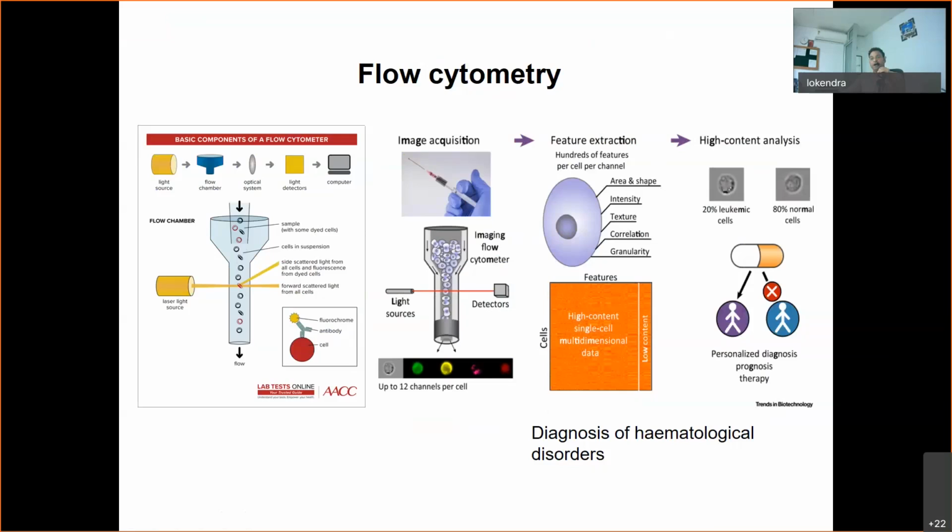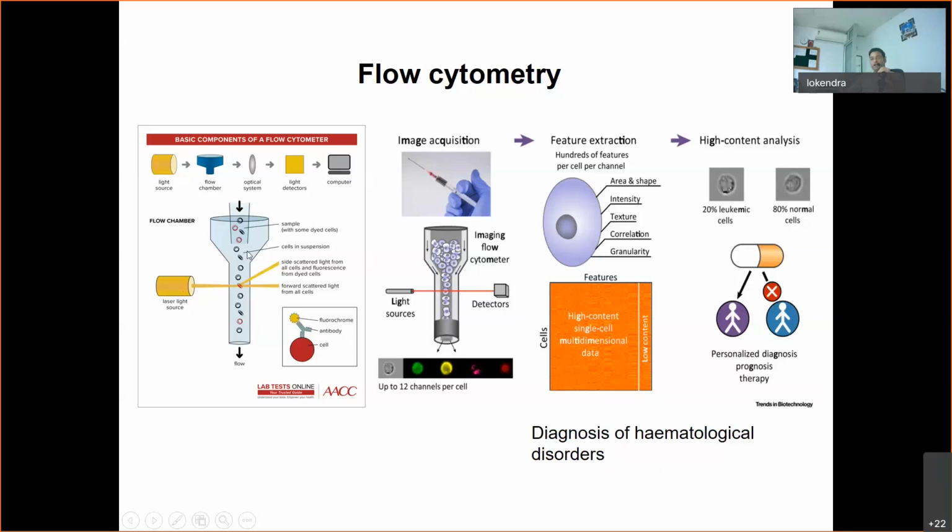Those cells can be marked with certain antibodies, either CD receptors or various other types of receptors. Then based on the fluorescence of these fluorochromes, it can be identified in a given sample, even a tissue sample or a cell suspension, how many cells are expressing that particular type of receptor, because that receptor can be identified by an antibody, and this antibody is attached to a fluorochrome, and this fluorochrome can be identified with laser light specific to a particular wavelength.